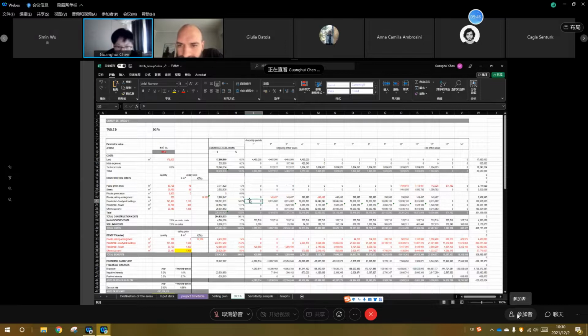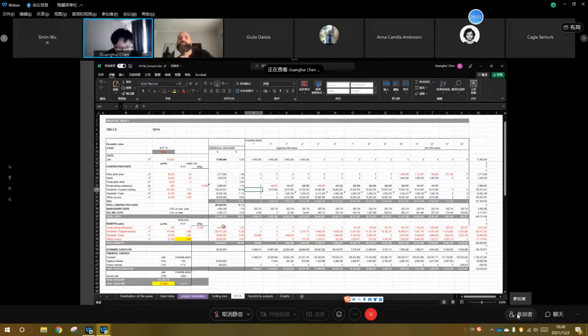This just follows the project timetable, because in the first phases maybe it's just some marketing cost or manager cost. And when we get the number, it is still lower than 0.